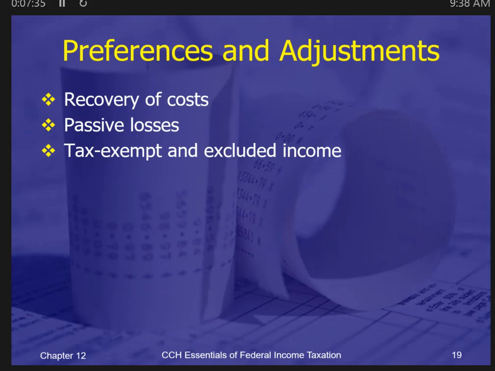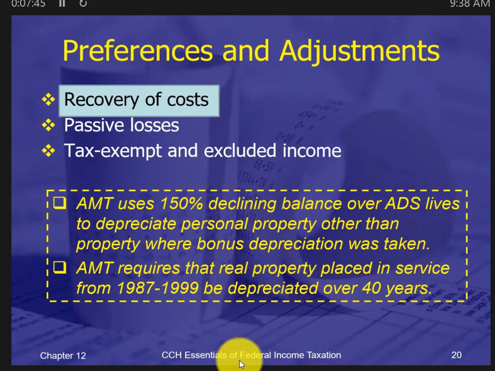So, preferences and adjustments, the things that you need to remember need to be adjusted, added back, if you will, into our income. First of all, there are differences having to do with depreciation. AMT uses a different process to do that, and it comes into play when there's no bonus depreciation or Section 179.